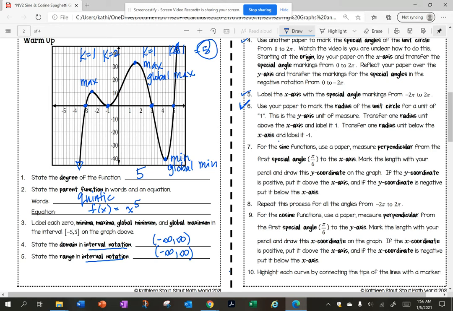Okay, so for this I know cosine of theta and sine of theta. Sine is the y value, that would be vertical. Over here I'm going to do cosine next, so cosine will be horizontal, or x. I'm starting with the sine.